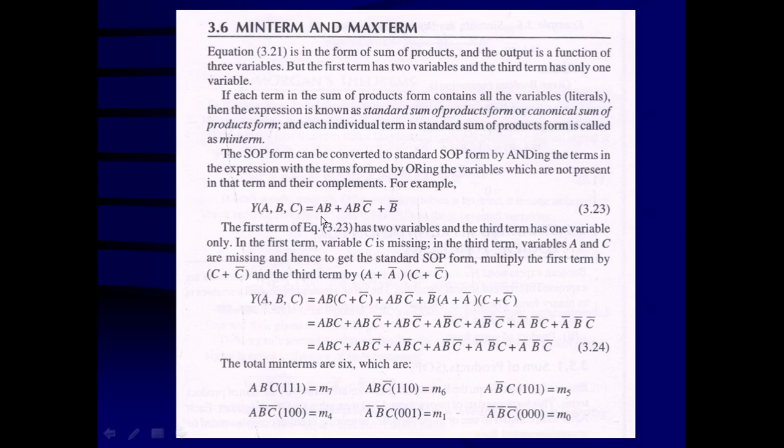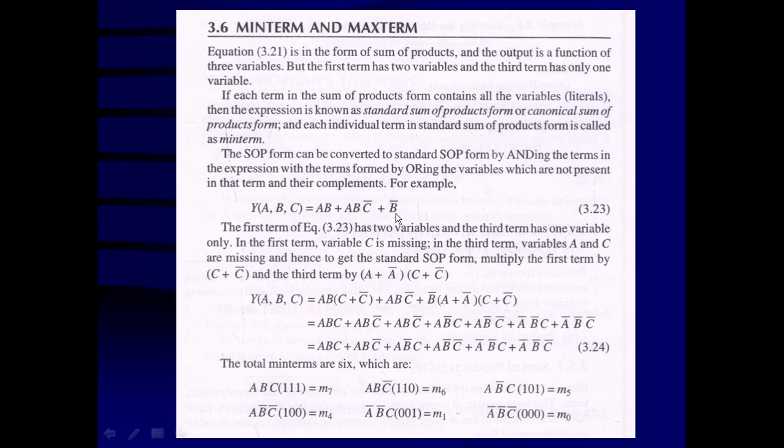Here in the first term, A and B variables are present, but variable C is not present. So the missing variable is C. So we can take the ORing of C plus C bar, and that should be multiplied with AB.